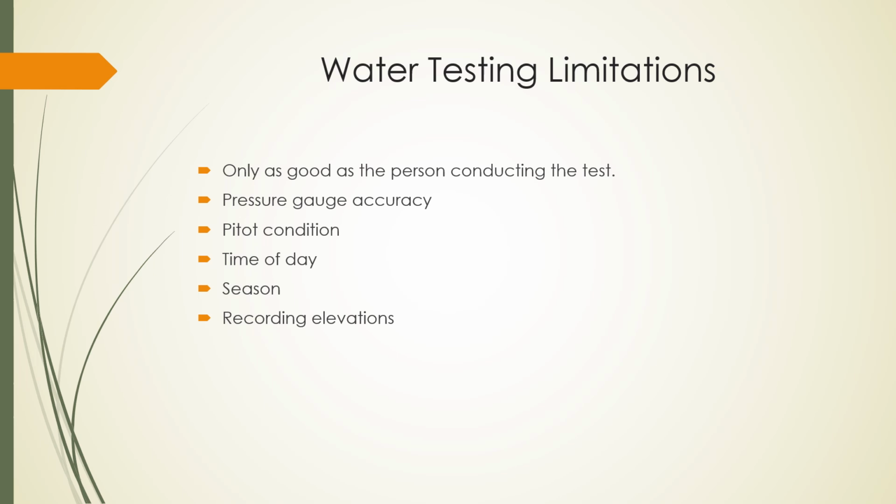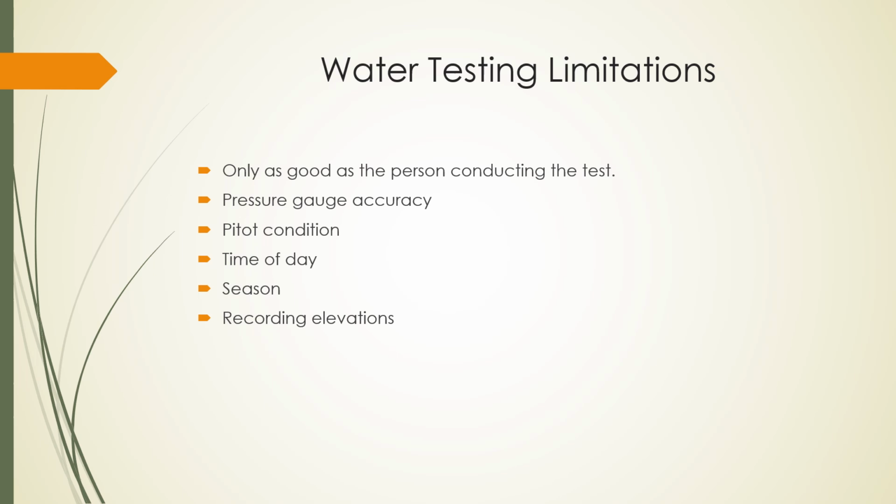Pitot condition, the actual device that's stuck in the stream, has a play in the overall number, the pressure that's converted to a GPM. Time of day, so conducting the test at 3 in the morning will provide different information than if you conduct it at 2 in the afternoon, where water usage is much higher.